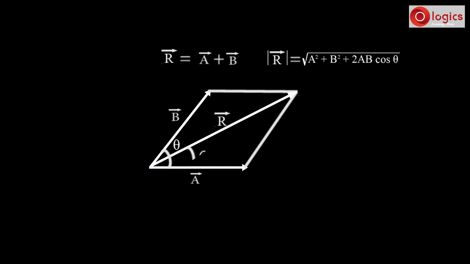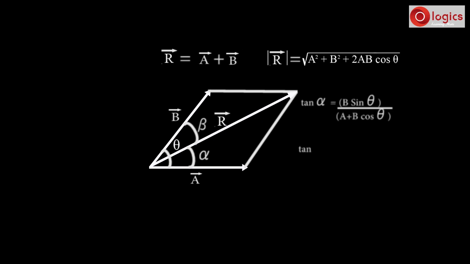The angle between A bar and R bar is alpha, and the angle between B bar and R bar is beta. With alpha and beta angles, we can say the direction of R bar, where angles alpha and beta are calculated by the following equations. Tan alpha equals B sin theta by A plus B cos theta.